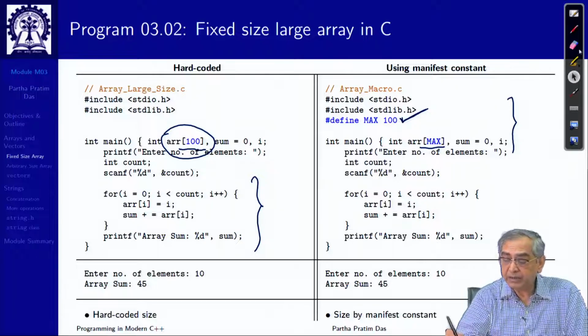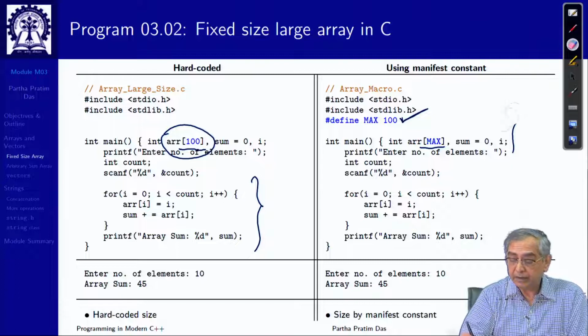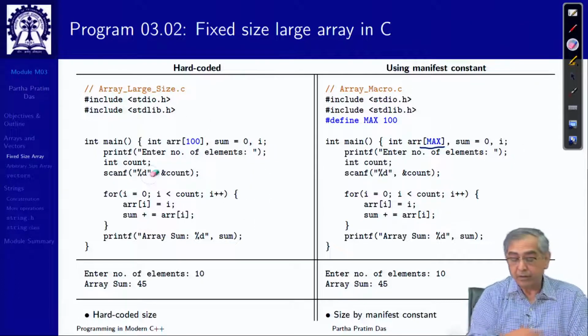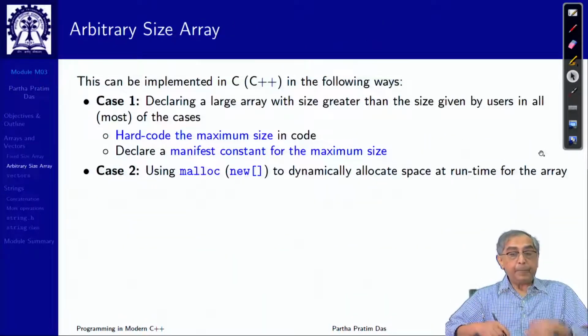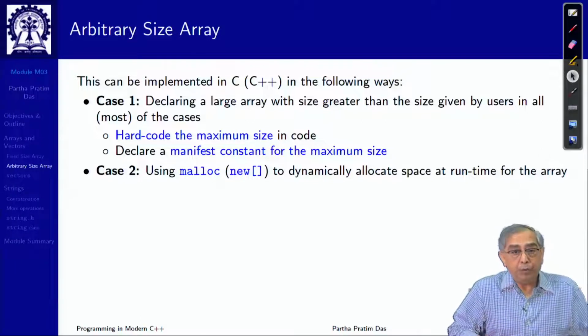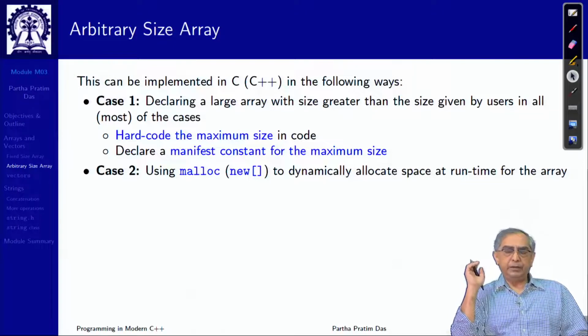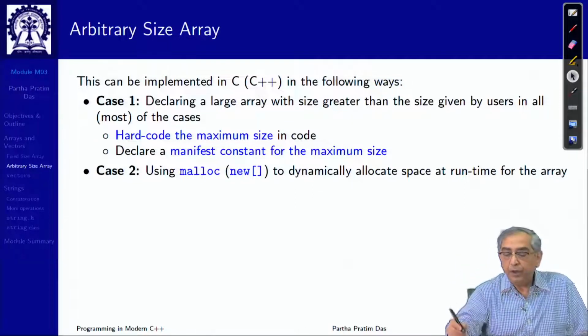So, this is just talking about how to keep things better in C itself. Okay. So, let us say now we want an arbitrary sized array, because we do not know how big it should be. I mean, should I unnecessarily keep it 10,000, 100,000, how much, I have no idea.